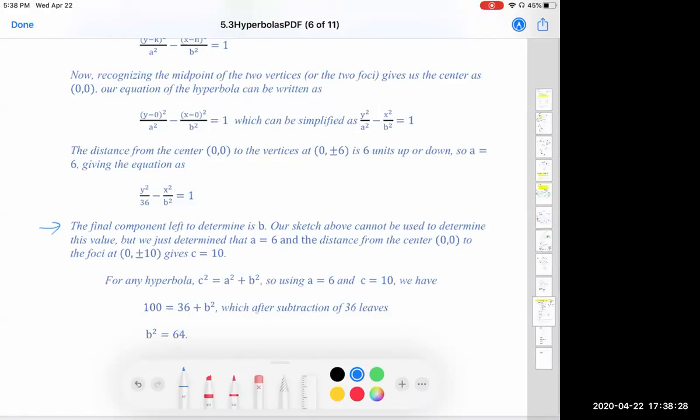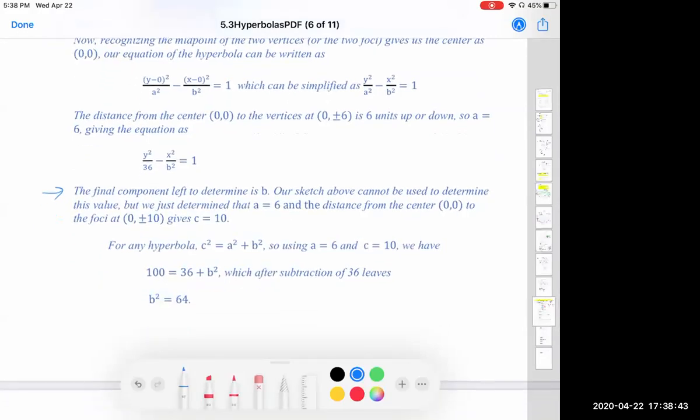Our sketch above cannot be used to determine the value, but we just determined that a is 6 and the distance from the center 0 to the foci at plus or minus 10. So c is 10. So we can use the fact that c squared is equal to a squared plus b squared. So therefore, our a can be 6 and my c can be 10.